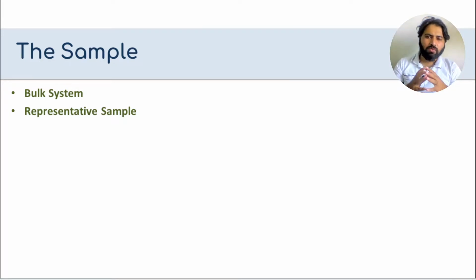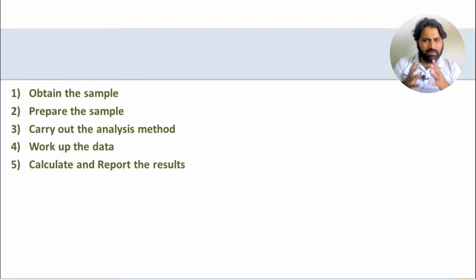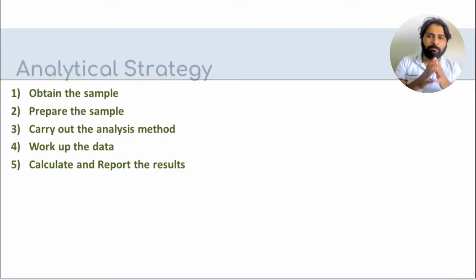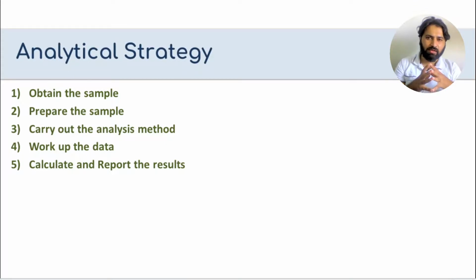Now next is the analytical strategy. While you are working on a sample in a laboratory, you must have an analytical strategy. That means the strategy through which you start your work and end your work successfully. The process by which the analyst identifies or finds out the concentration level in a sample involves many individual steps.